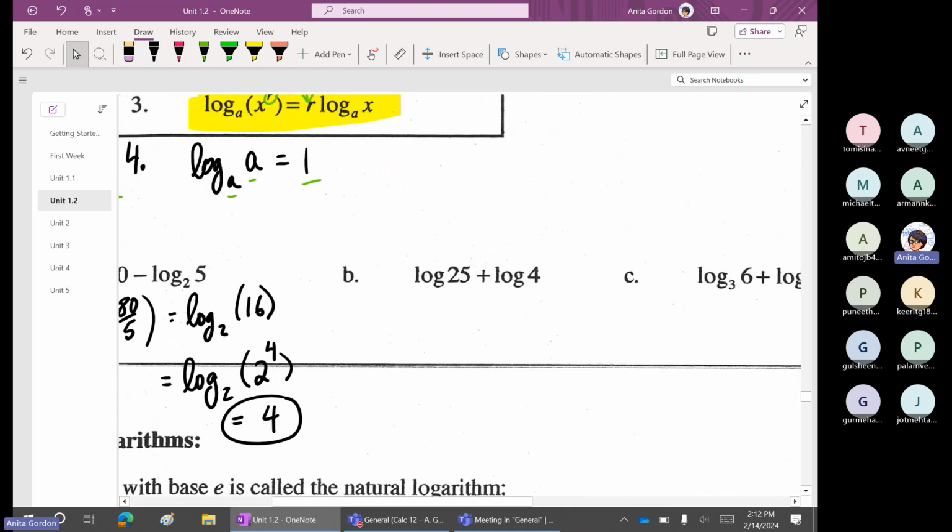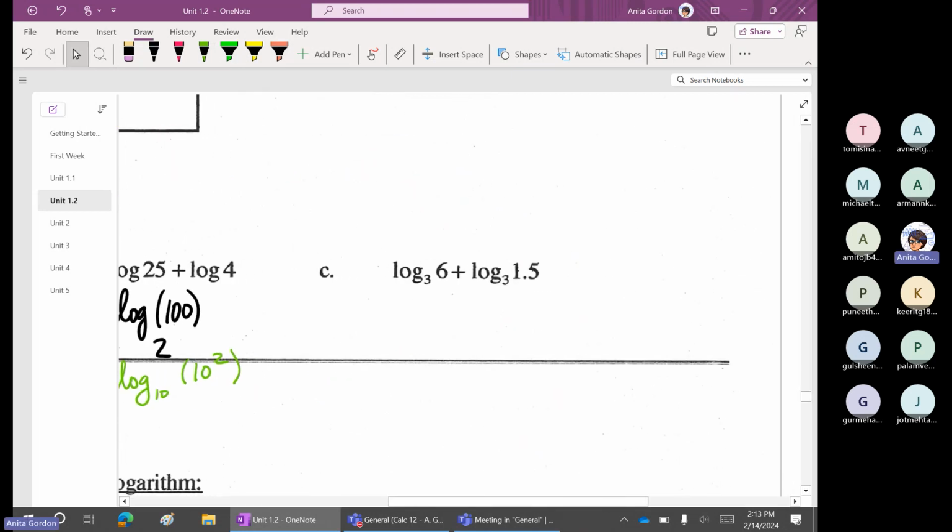Okay, so we do the next one. Log of 100 is 2, because 10 to the power 2 is 100. Whenever we don't see the base on the log, we assume it's a 10.